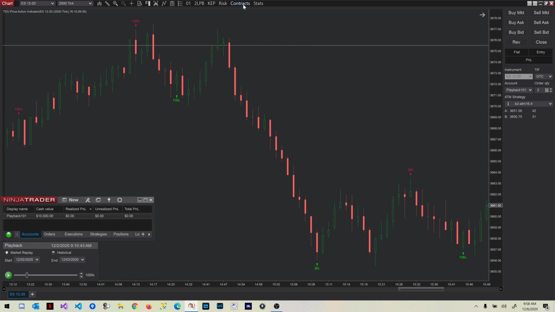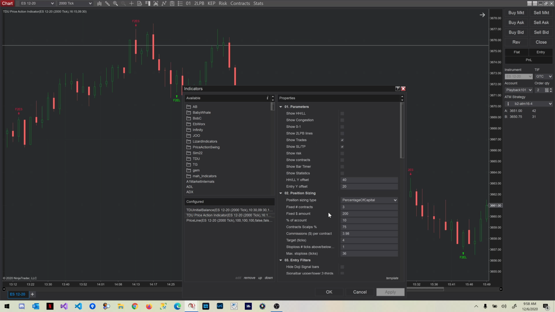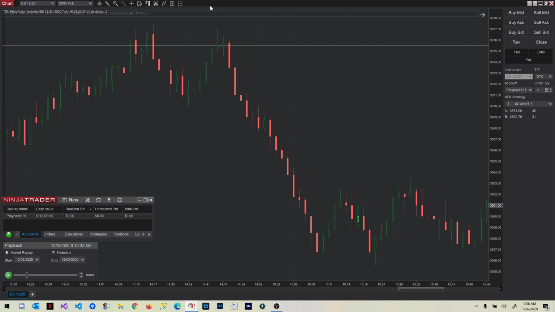Okay, that's better. So about the position sizing, I tried to explain it last time already. If you are trading the same amount of contracts every trade, then you can just put it on contract and specify the number of contracts you trade. So let's say you're trading 5 contracts for every trade, then you can put it like here, and it will show up, and it will of course also use that for the statistics.